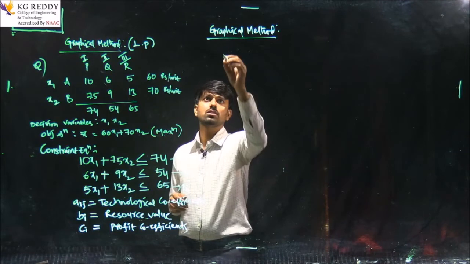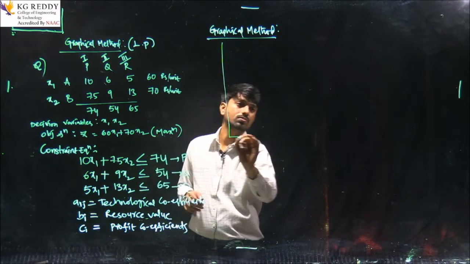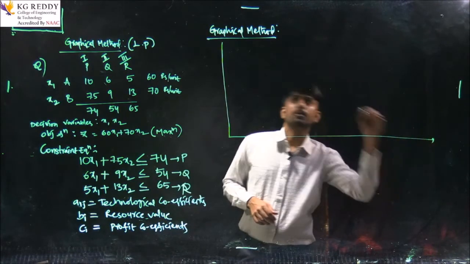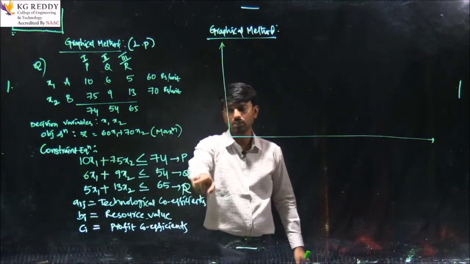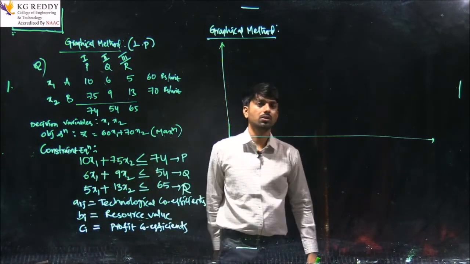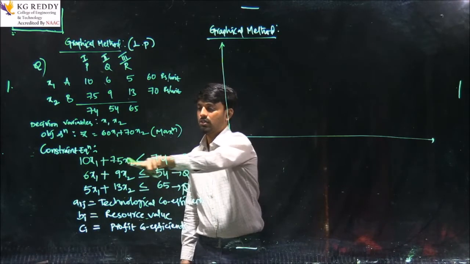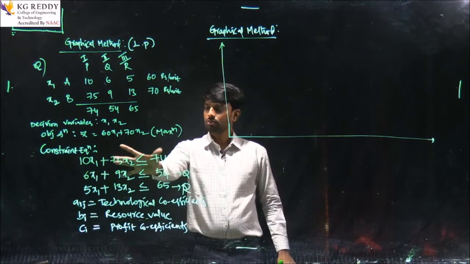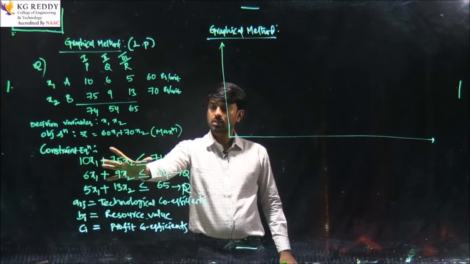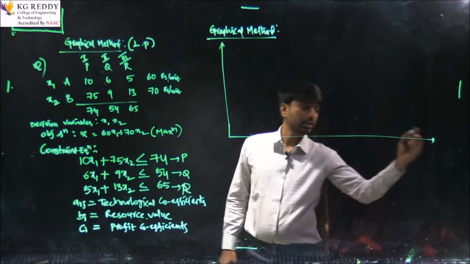For the graphical method, first you have to draw a graph. On this graph, you have to draw these three equations and try to find the optimal condition. Now, take a look at this equation. If you try to draw this straight line on the graph, what is the x-intercept?